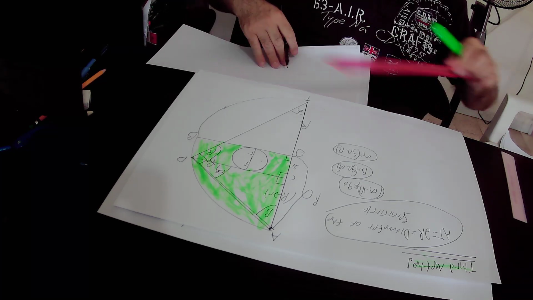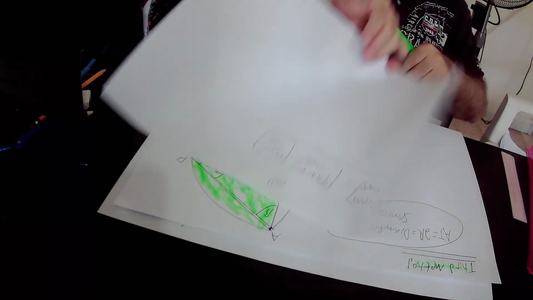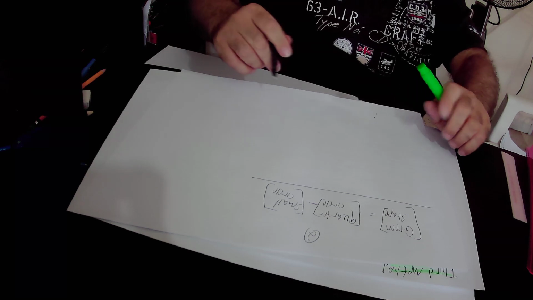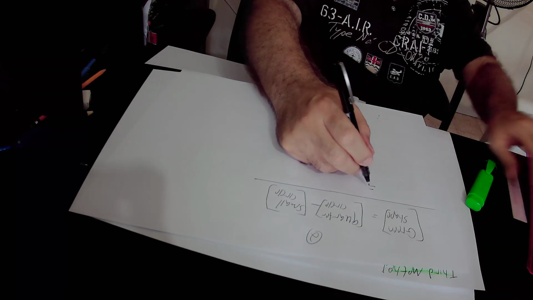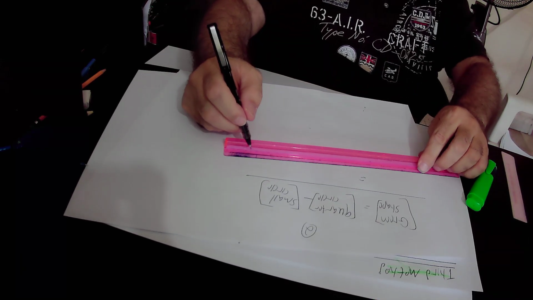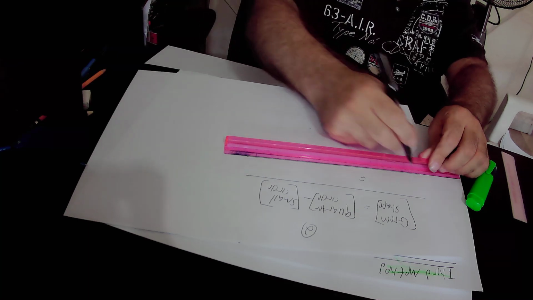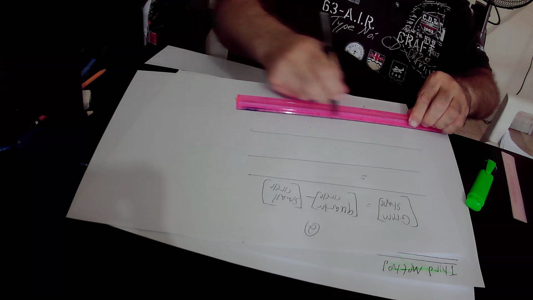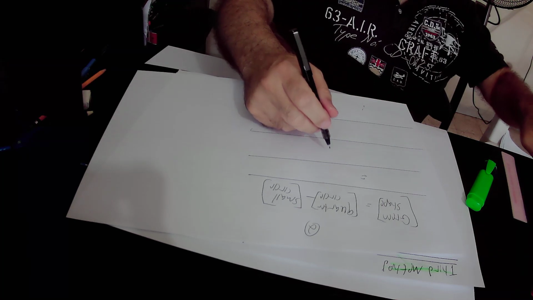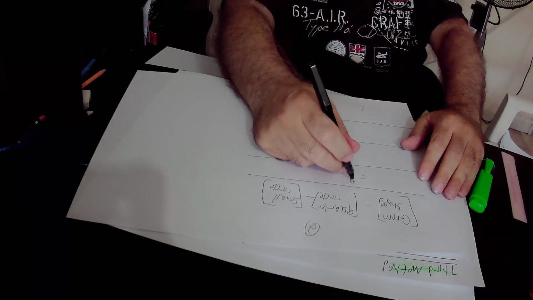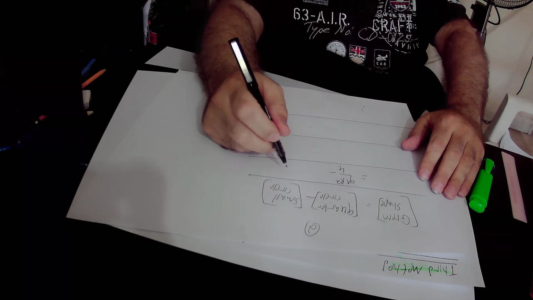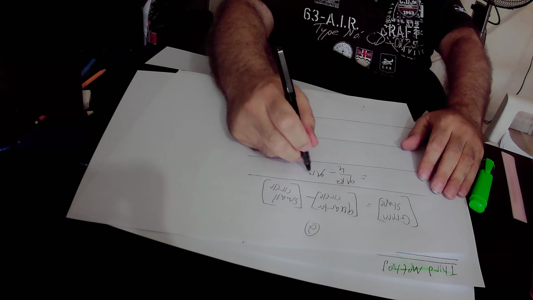I repeat again, the area of the green shape equals the area of the quarter circle minus the area of the small circle. We have already found out that the area of the quarter circle is pi times capital R squared over 4. We already found out that the area of the small circle equals pi R squared.